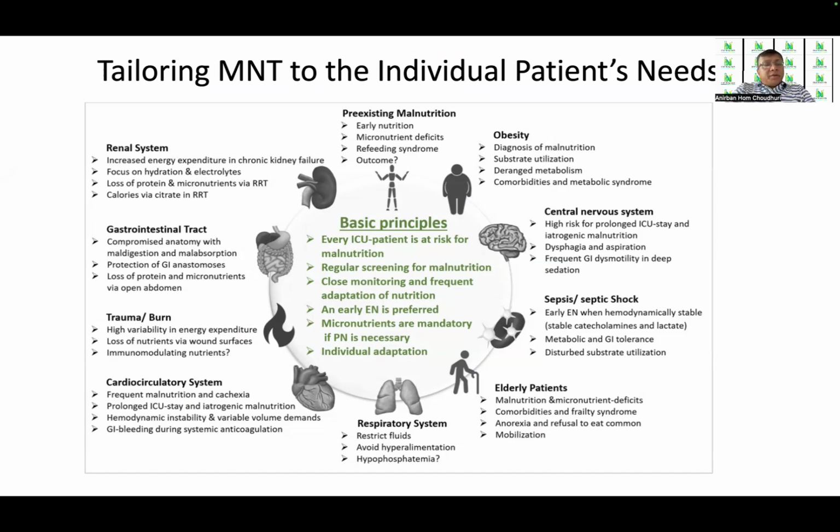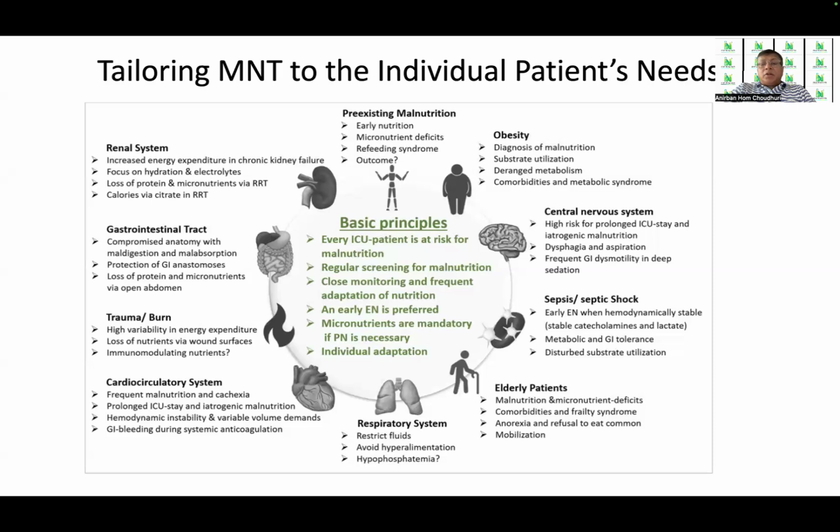So depending upon the presence of any renal or GI abnormalities, trauma, cardiovascular, respiratory, sepsis, or CNS conditions, or obesity, all these things can change, and it is important to consider the relevant points. For example, in obesity, it is very important for the diagnosis of malnutrition, because obesity is also a form of malnutrition. Substrate utilization and deranged metabolism are other important factors in obesity that need to be considered at the time of institution of nutrition.